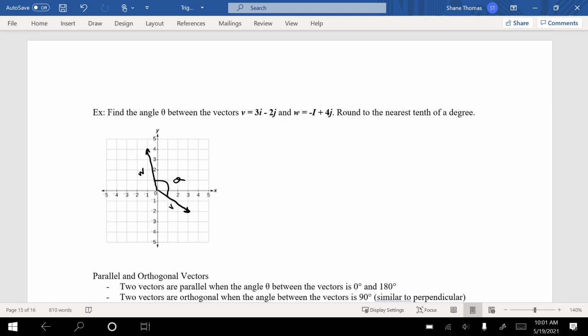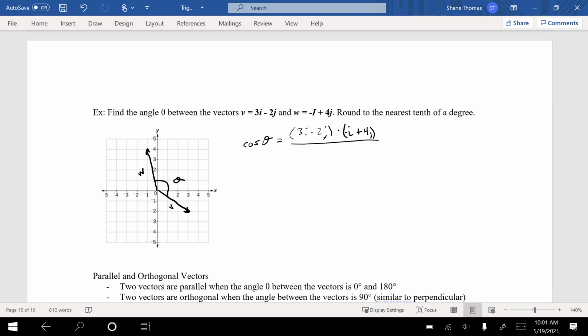All right, so I am going to use the first formula, the one that's cosine, the dot product over the magnitudes. I'm going to write this one whole way out. The cosine of theta is equal to the dot product of 3i minus 2j and negative i plus 4j, over the magnitudes.